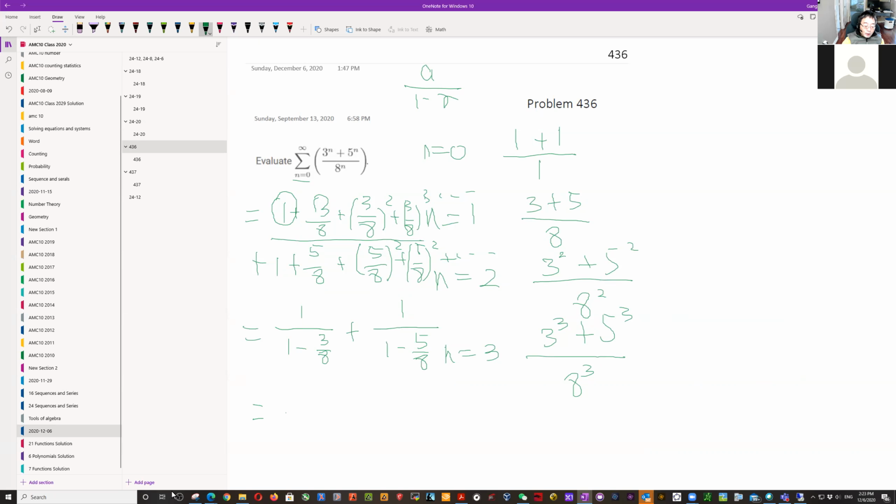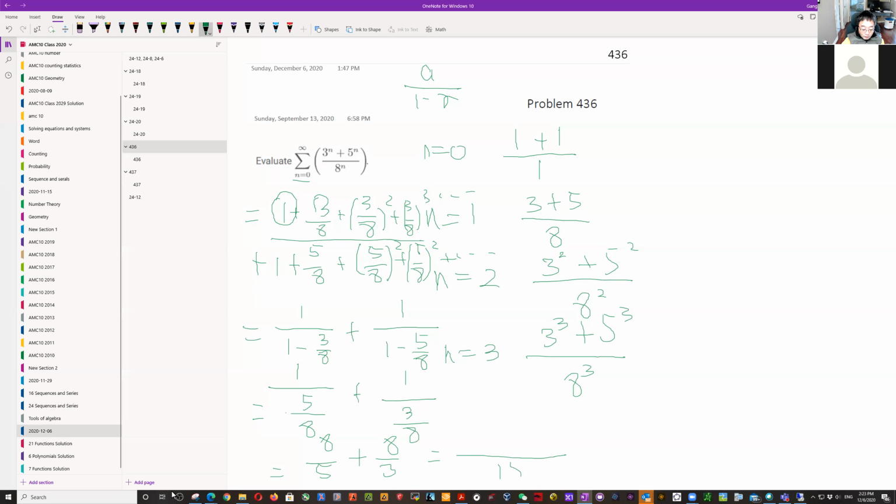And here, basically it's 1 over 5/8 plus 1 over 3/8, and dividing by a fraction equals multiplying by its reciprocal. Sorry, it's 8/5 plus 8/3. And this is a coprime.